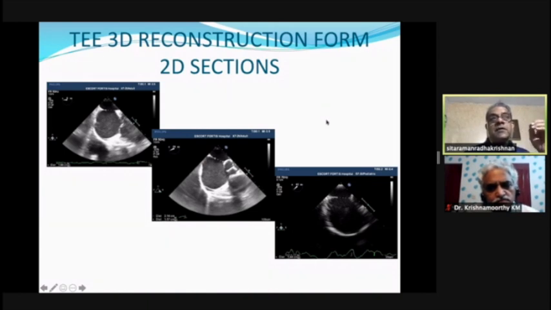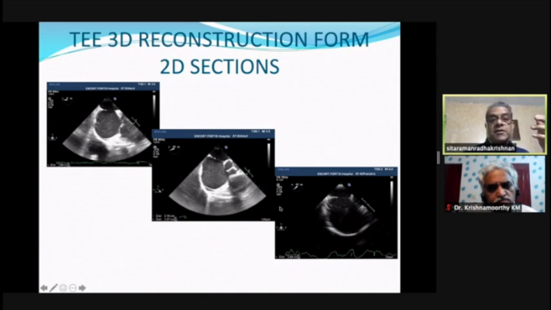A good window from the subcostal area is an absolute essentiality if you want to close an ASD without transesophageal echo in the pediatric population. As they grow up, the subxiphoid, subcostal windows start becoming inadequate, and that's the time when we have to resort to transesophageal echo.